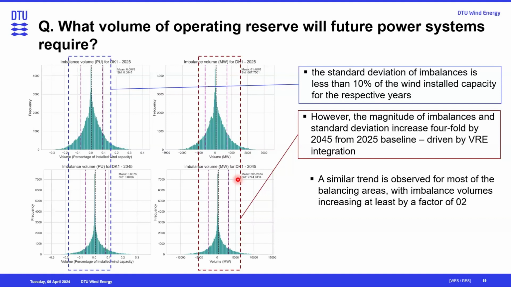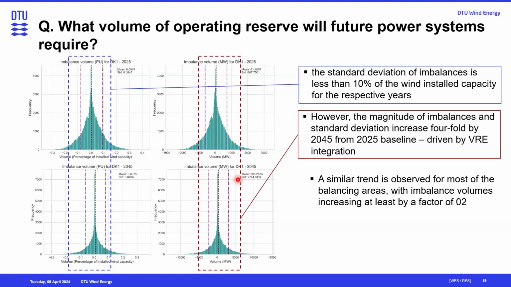And what we see in 2025, so that's next year in our projection, is that the standard deviation of imbalance is less than 10% of the wind installed capacity for the respective years.